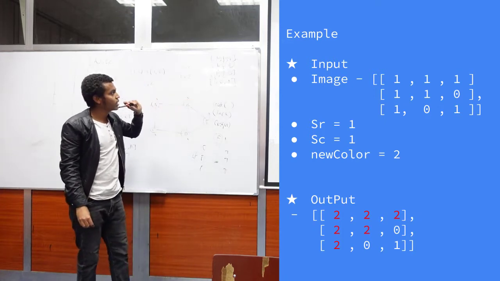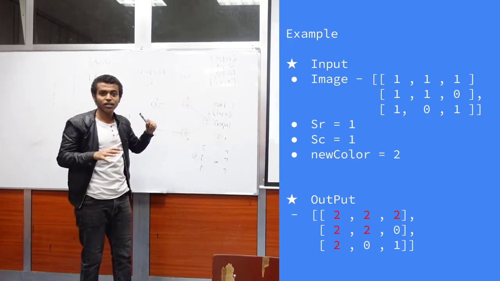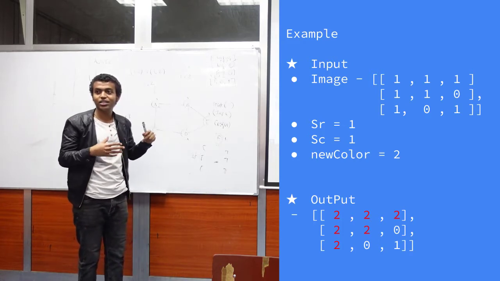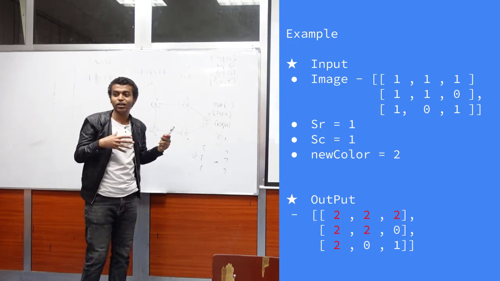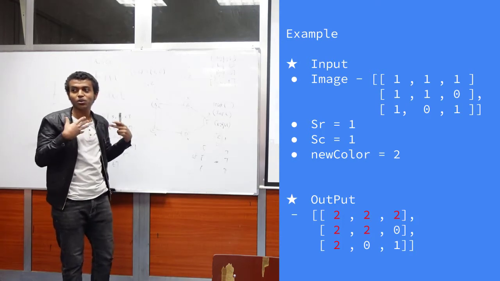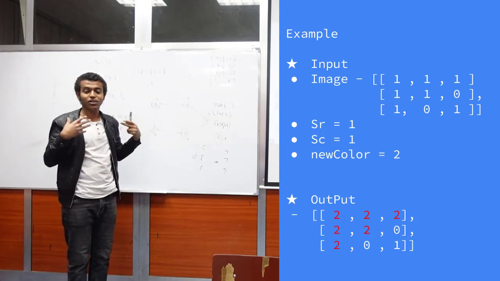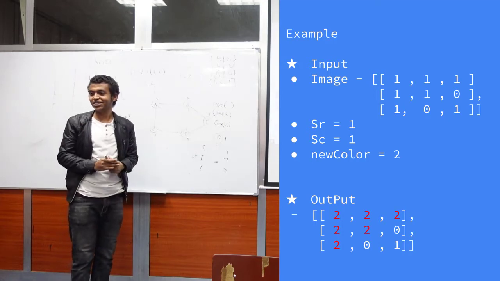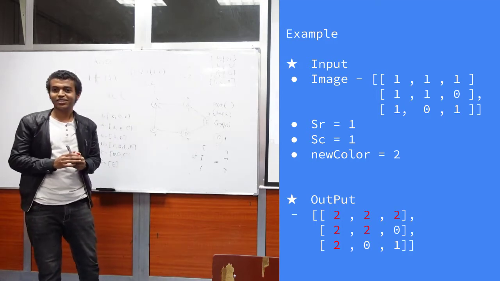So if we can find a way to visit all places of our graph and then change their original values to our new color, that would be our solution, right? So that's when DFS comes in, traversing the graph. Is it clear? Clear, right?